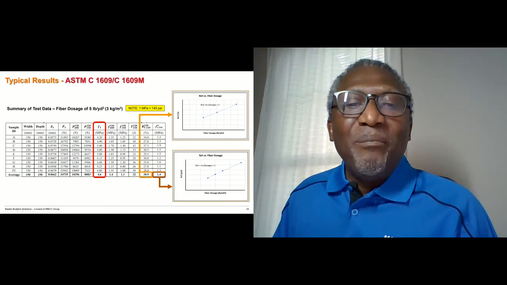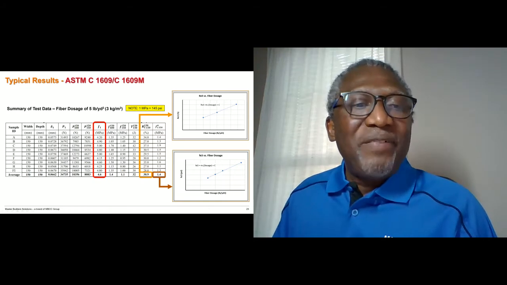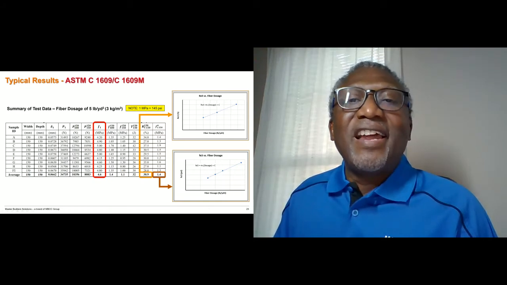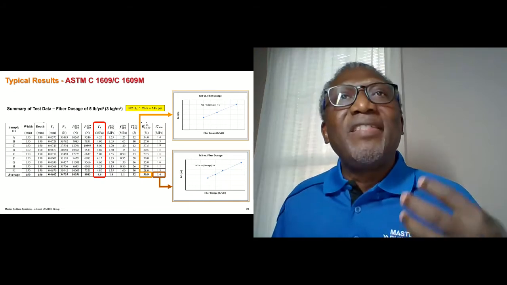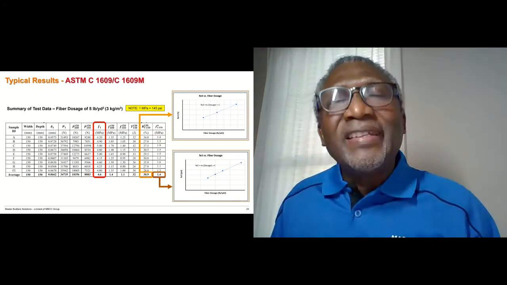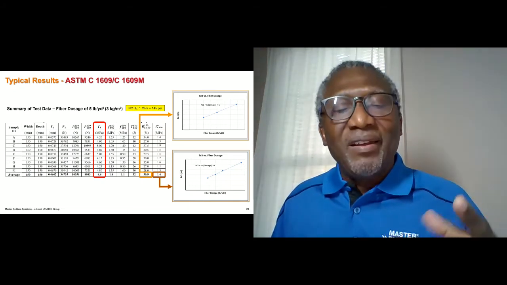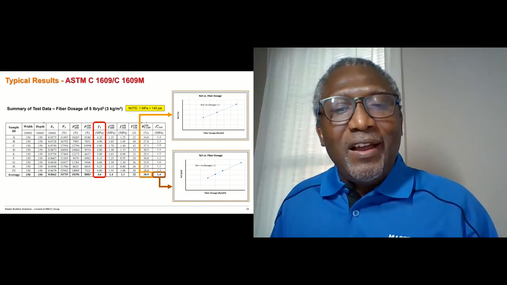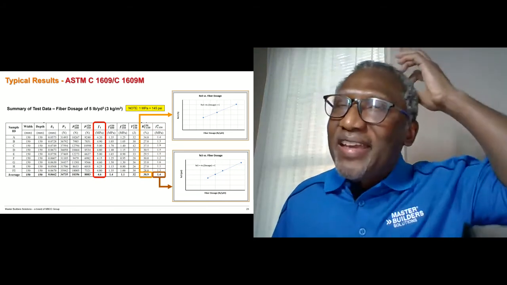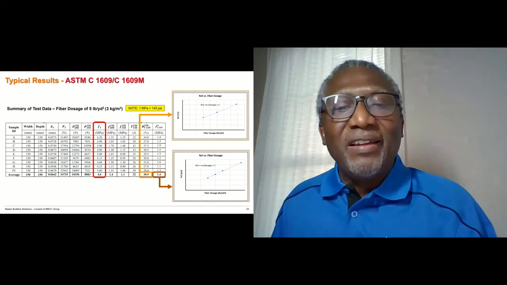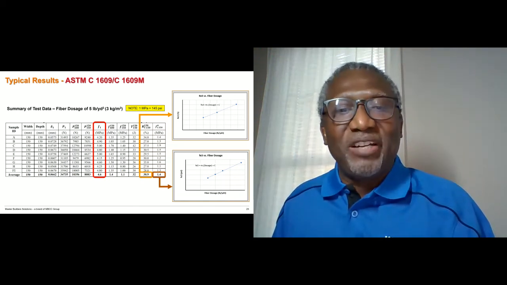And this is very important, because when a fiber supplier does testing at different dosages, they're then able to obtain the dosage relationship, from which they can provide a dosage to meet a given specification.